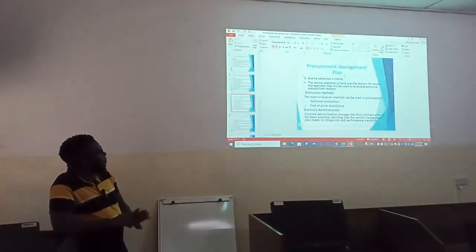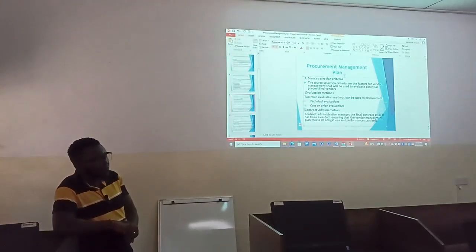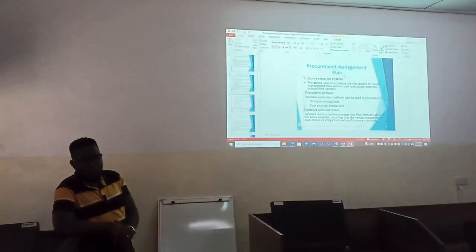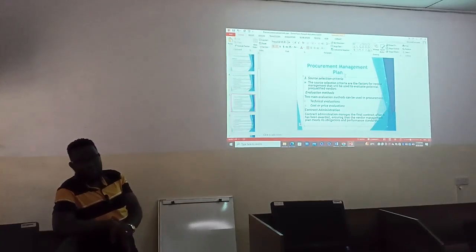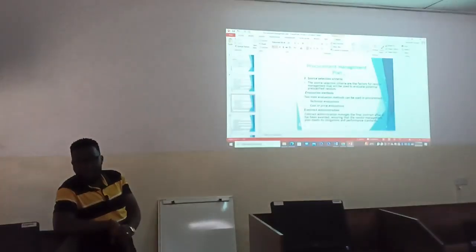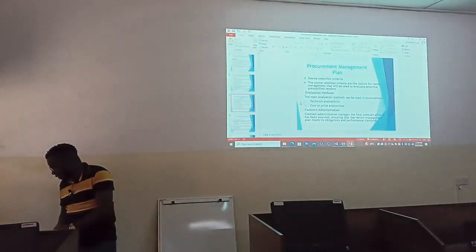So at least we evaluate them using technical evaluations, to see their ability technically to supply us with what we are looking for. And then we also evaluate them based on the price they are giving us. Since this procurement management plan is a document, these have to be indicated in that document.